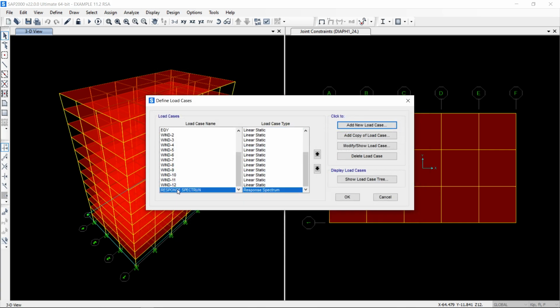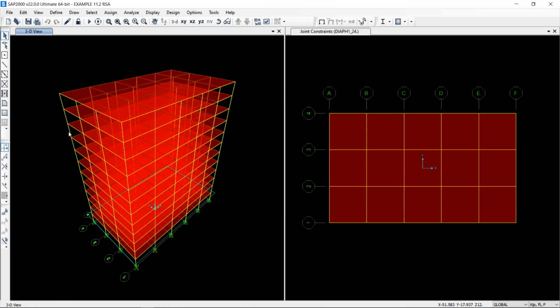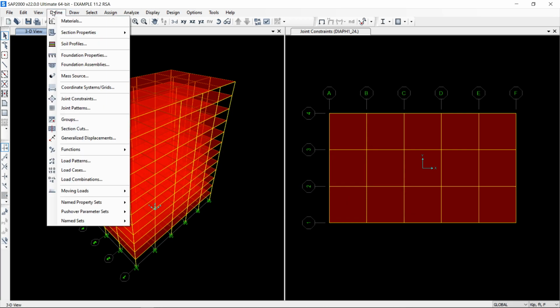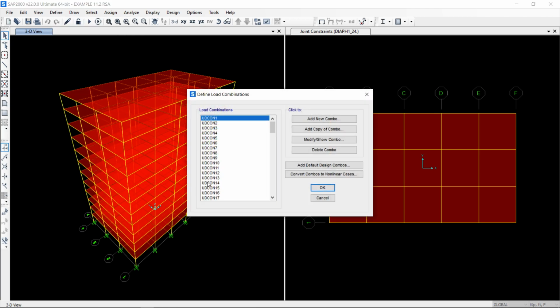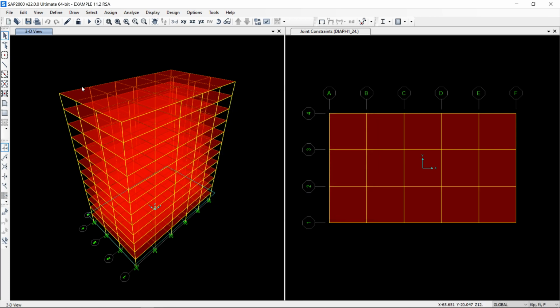So we have added one load case, which is the response spectrum load case. That is fine. We are not going to define any load combination over here. We are not designing anything. So let it be. We are not going to change any load combination, because our intention here is to show the response spectrum analysis.